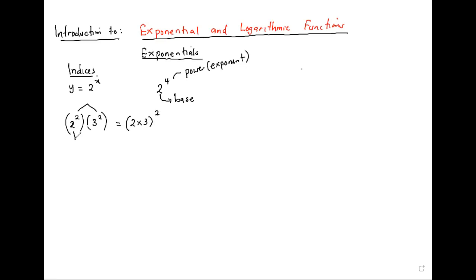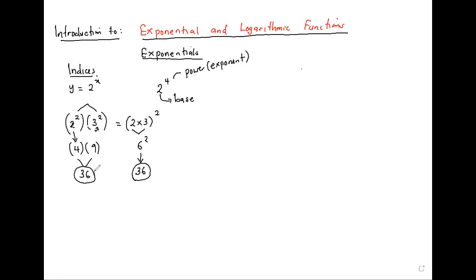Let's check if that is true. This is 4 multiplied by 9, giving us 36. This is 6 squared, giving us 36. So either way, we're getting the same value.